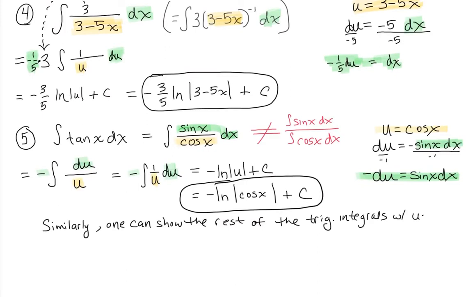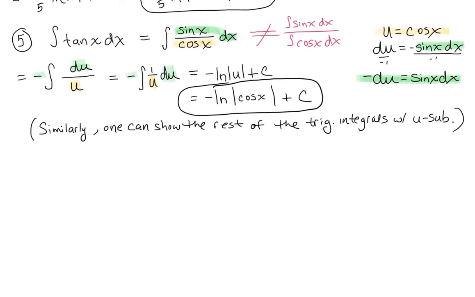And so what we're going to end up getting here, I'm going to make a little summary of all of our trig integrals. So we already knew a couple of them, right? We already knew the integral of sine, so that was the opposite of cosine.